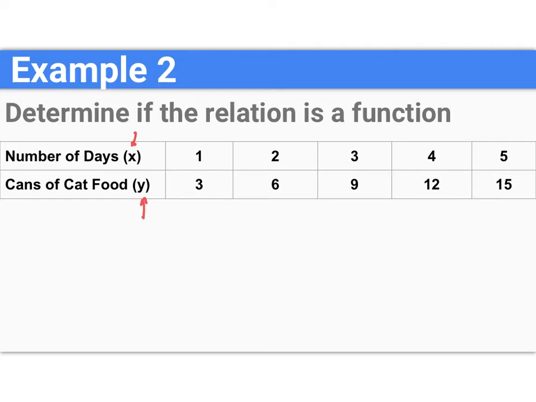We know that a function has to have a one-to-one relationship, so each domain can only go to one number in the range. As we go up 1 here, we're going up 3, 1, 3, 1, 3, 1, 3. So this is a function. We're not going to get into what type of function it is, but each number in the domain only goes to one range. So that makes it a function.